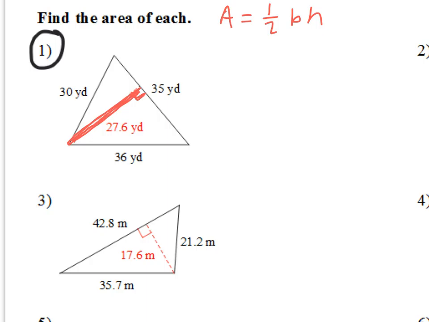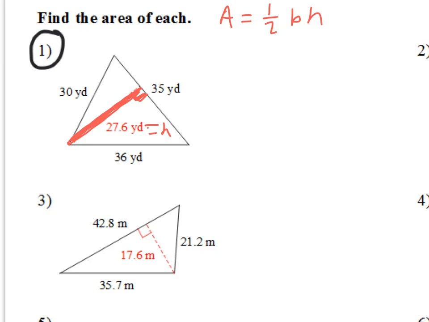So height is not always going to be a side of the triangle, but it's going to be a line that gets dropped from one of the corners and creates a 90-degree angle with the base that it intersects with. So 27.6 yards, therefore, would be our height.